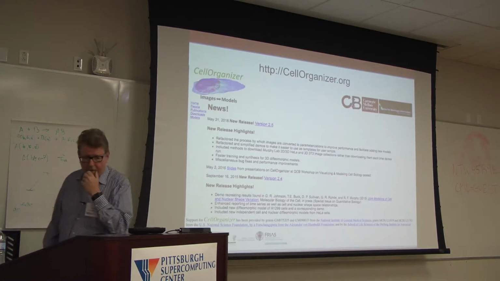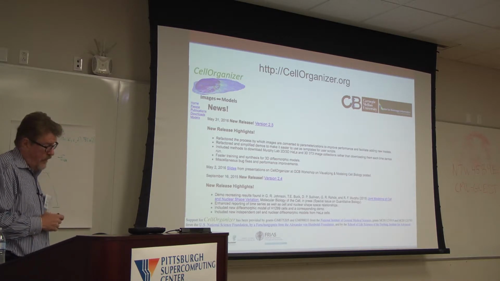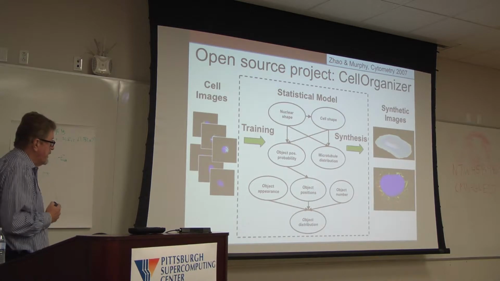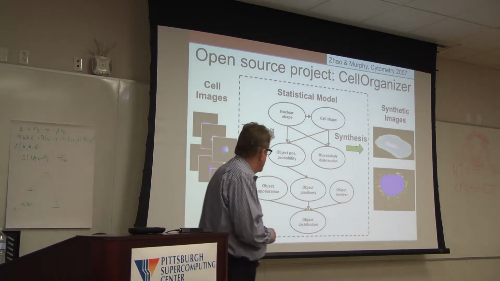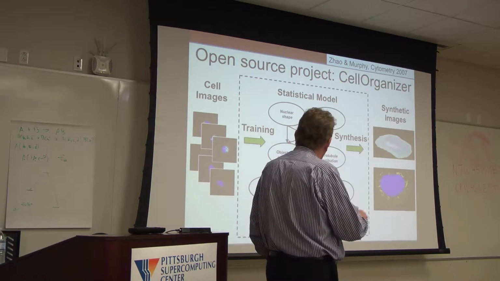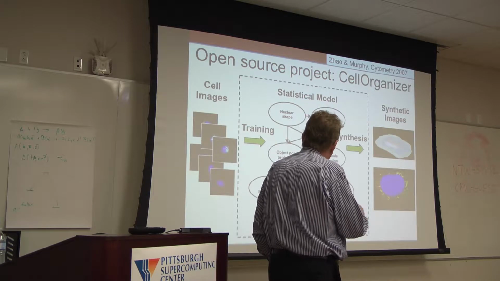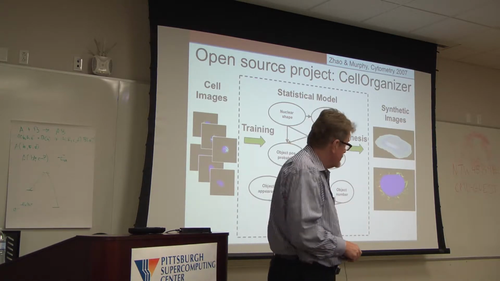All right, we're going to skip over that. So the work I'm telling you about is all part of this cell organizer project. And the basic idea, as we've talked about, is that we take bunches of images of cells, and we're going to go through a training process where we build models of different components of the cell. And I'll talk more about this.